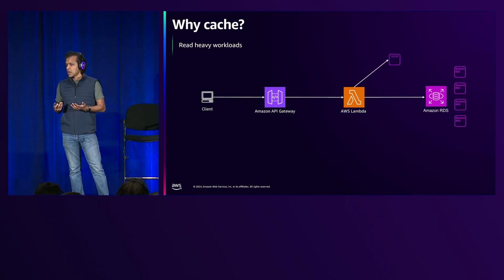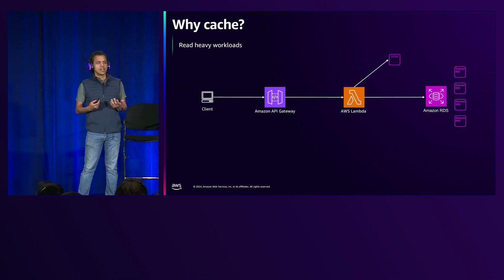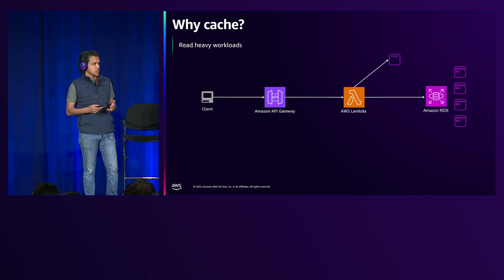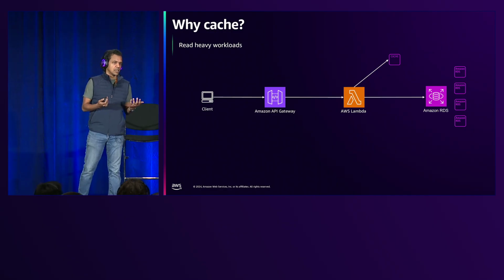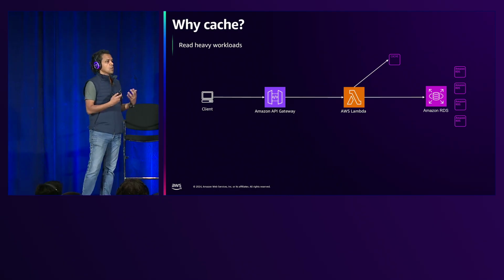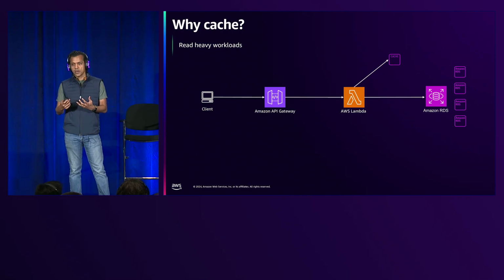The other reason why you typically cache is when you have a read-heavy workload, right? If you've got a lot of reads, your application is reading the same thing multiple times. Imagine session data, for example. A user is using your e-commerce application and they're reloading the page multiple times. You don't want to have to reload their session data, like cart data or login information, multiple times from the database.